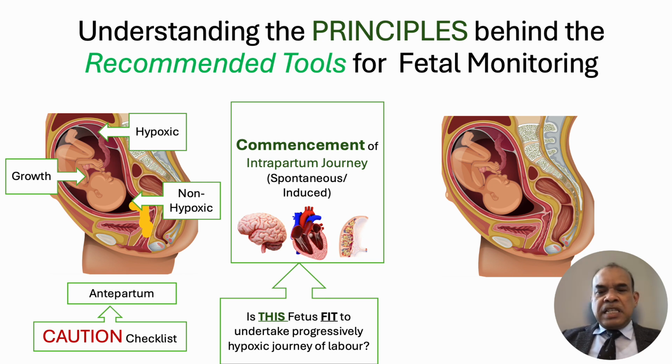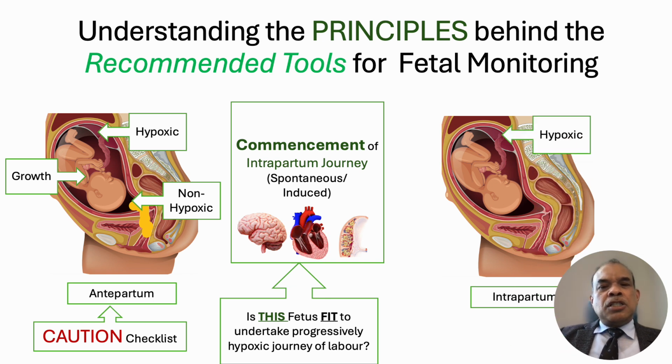Finally, if we have deemed that a fetus is fit for labor, their problem is not over, because during labor, the uterine contractions are progressively getting stronger, longer, and more frequent. That means all the maternal spiral arterioles that traverse the myometrium to supply the placental bed may be squeezed for a longer period of time and more frequently.